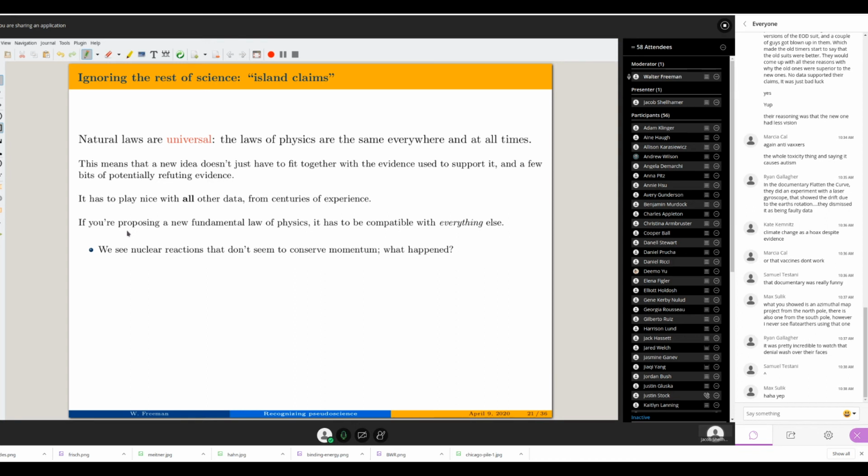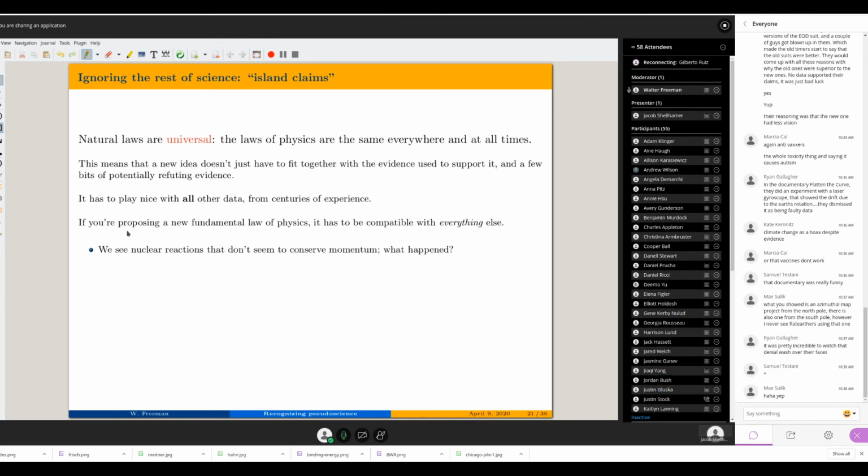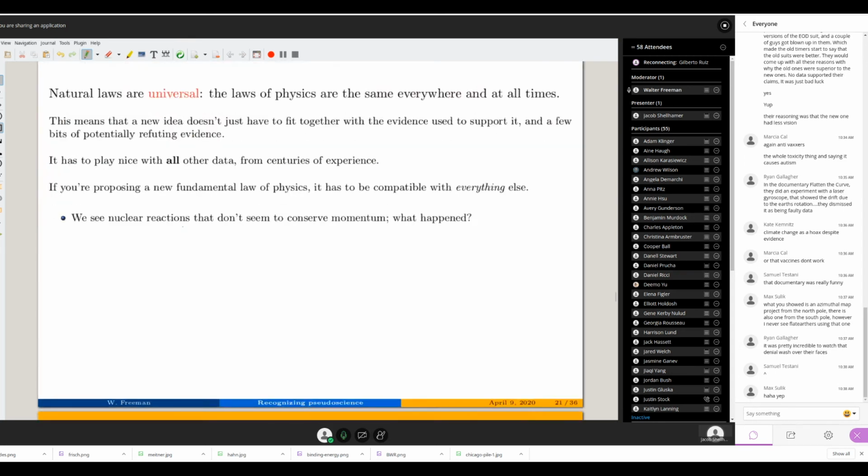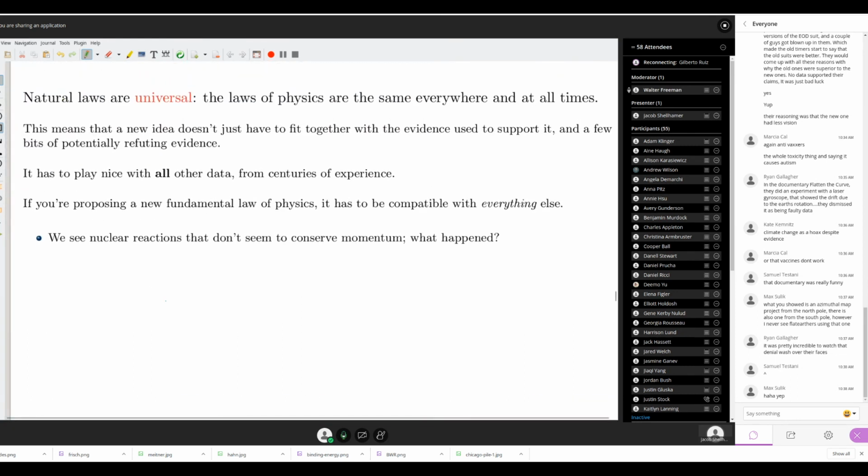So an example is that when people started investigating nuclear physics, they saw reactions that seemed to violate the conservation of momentum. But what does that mean? Well, either we could throw out the conservation of momentum or we could think very hard about nuclear reactions. And there's so much data supporting the conservation of momentum that people said, yeah, we can't discard the conservation of momentum.